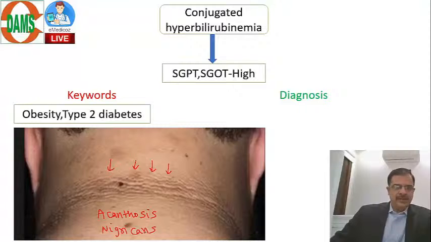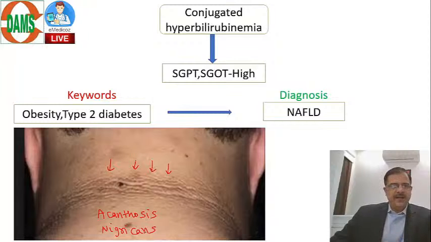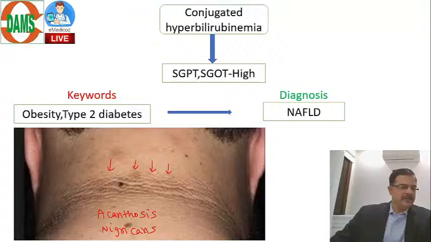Obesity, type 2 diabetes. So this is a case of NAFLD, that is non-alcoholic fatty liver disease.